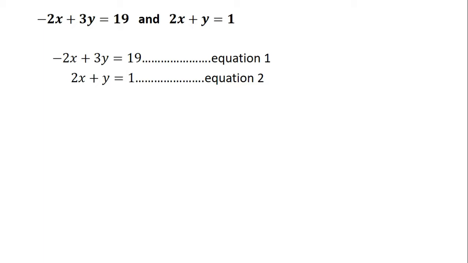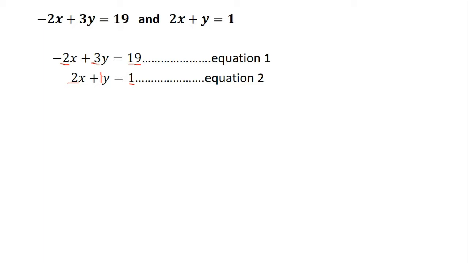The coefficient of x in equation 1 is minus 2. The coefficient of x in equation 2 is 2. The coefficient of y in equation 1 is 3. The coefficient of y in equation 2 is 1. Then we have our 19 and 1 here.